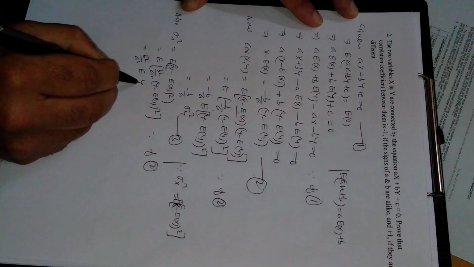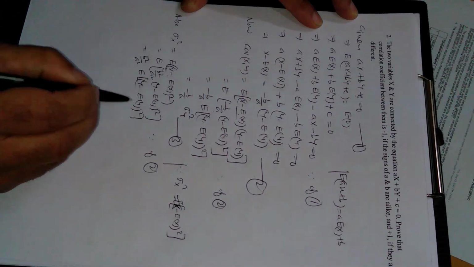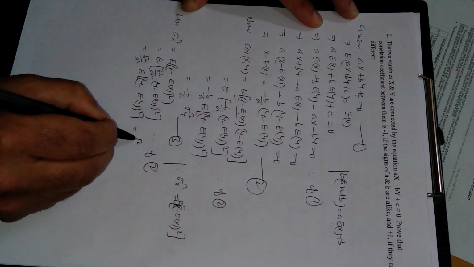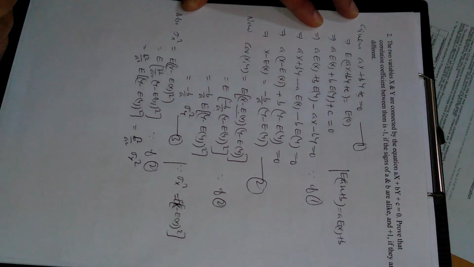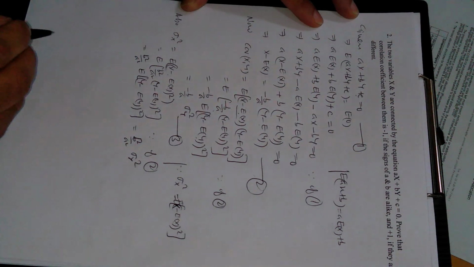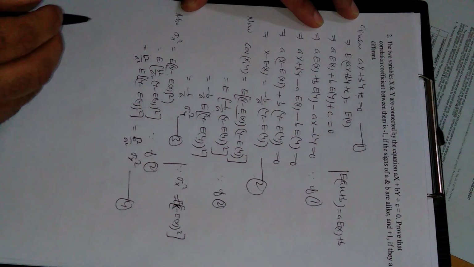Next, the rest is E of y minus E of y whole square. Again by definition, this is b square upon a square, and this is variance with respect to y. Let us call this equation number 4.